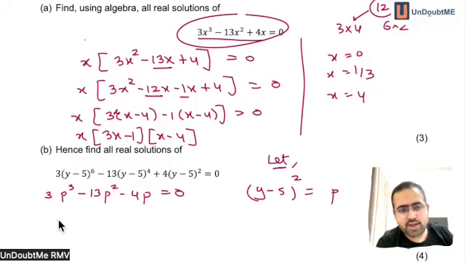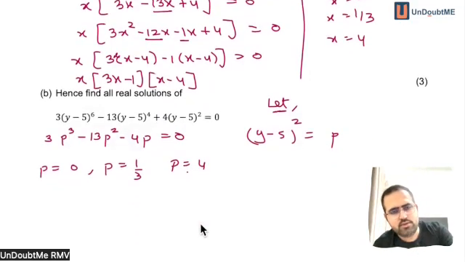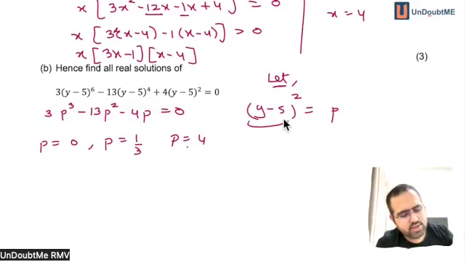And that gave me three values of x. Literally, those will be the values of p. P is equal to 0, 1 over 3, and p is equal to 4. When I resubstitute the value of p as y minus 5, I will get the y values. So y minus 5 is equal to 0.